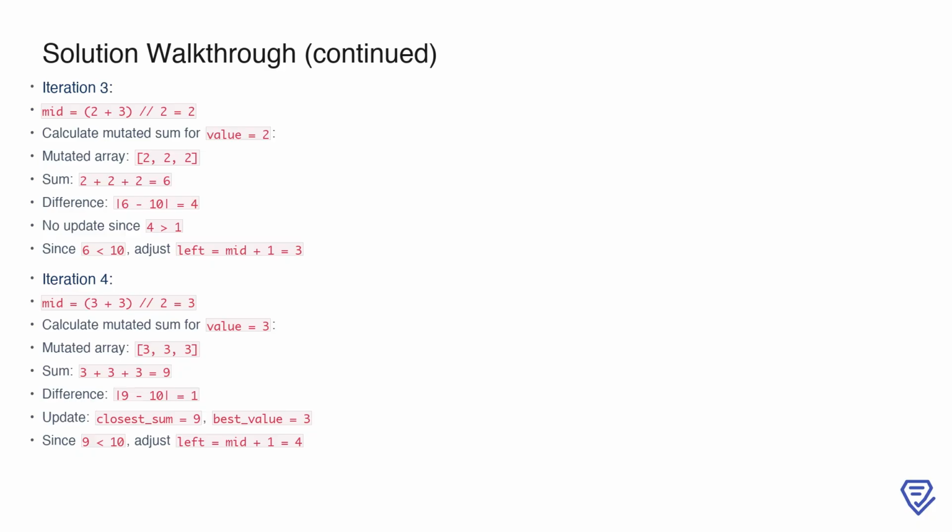Since the sum 6 is less than the target, we adjust the left boundary to mid plus 1, which becomes 3. In the fourth and final iteration, the midpoint is 3. Mutating the array with 3 results in 3, 3, 3, with a sum of 9. The difference from the target is 1, which matches our current closest difference.